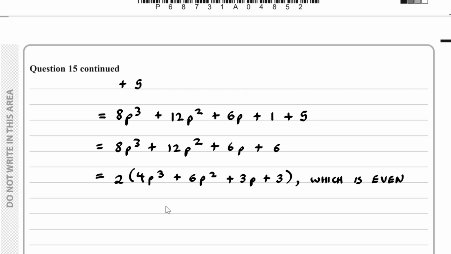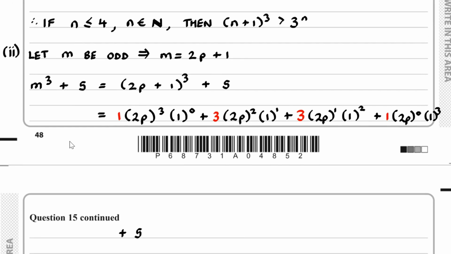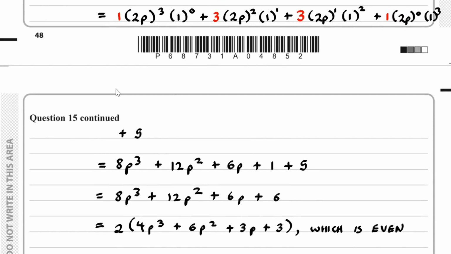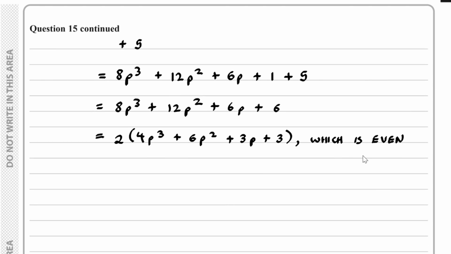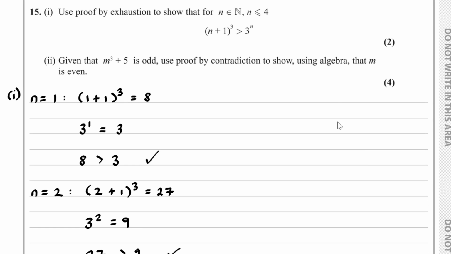And now what we said over here, if m is odd, then m cubed plus 5 is even. That's a contradiction.